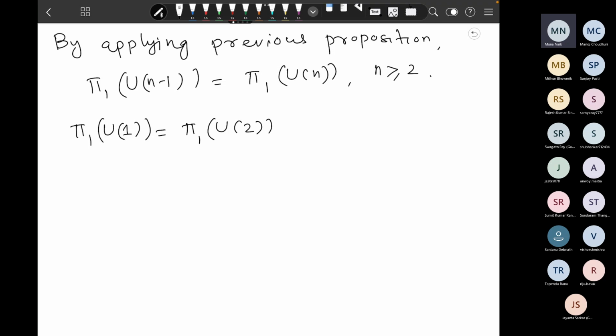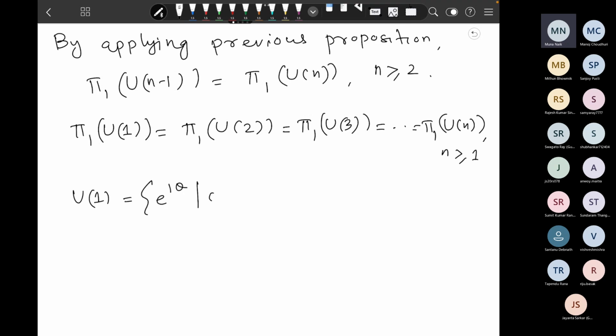And similarly, I will put n equal to 3. I will get pi_1 of U(2) is equal to pi_1 of U(3). So I can continue in this way. So this is actually pi_1 of U(n), and here I take n greater than or equal to 1. Now what is U(1)? U(1) is nothing but the circle, e^(i theta), where theta belongs to R, and this is homeomorphic to S^1.